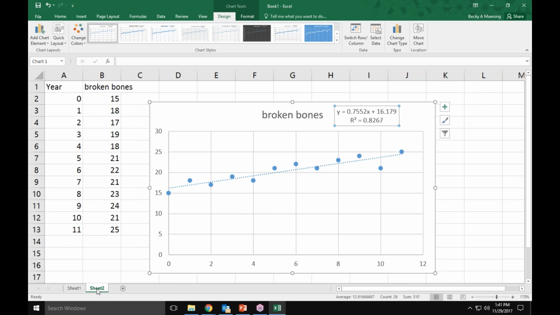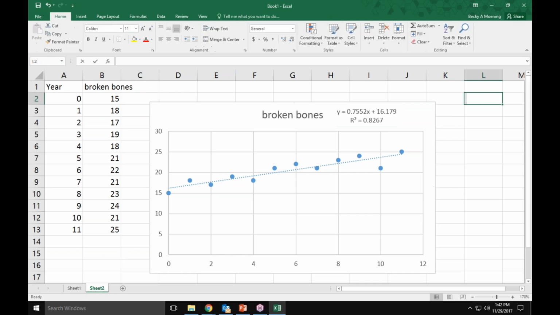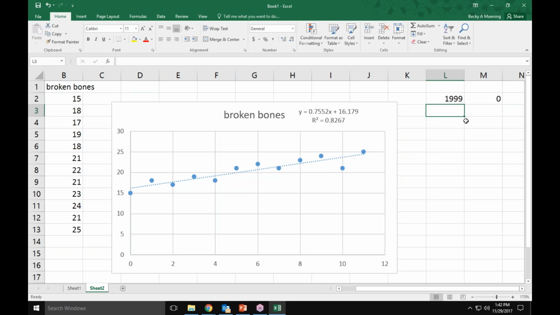So if I wanted to do a prediction for a future year, it's different, right? If 1999 is 0, then if I wanted to pick something like 2012, x would be 13. Right? So that's how you would think through it.